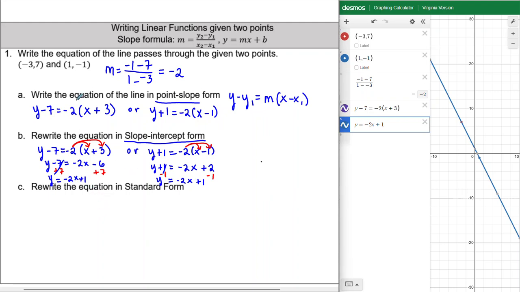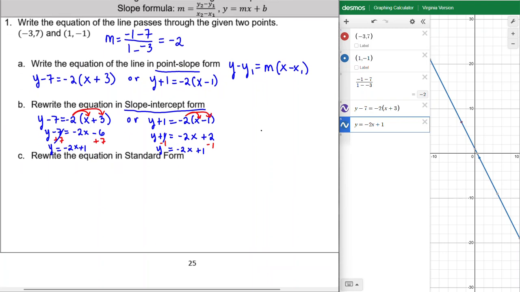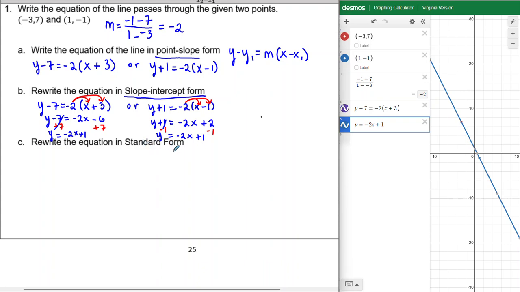All right. The last thing we want to do is rewrite the equation in standard form. Remember, the standard form looks like this. You have your point slope form to memorize. Make sure to memorize this. You have your slope intercept form. You already have this memorized. And then here is the standard form.